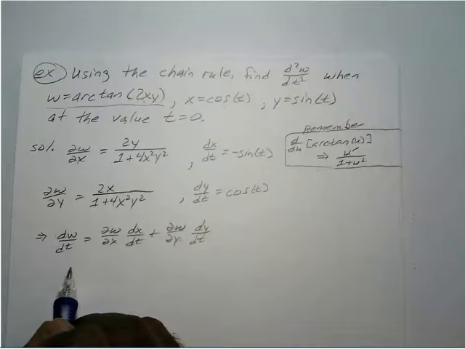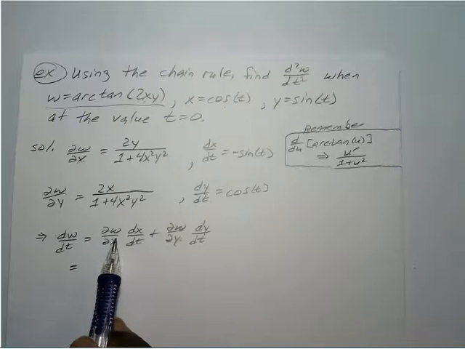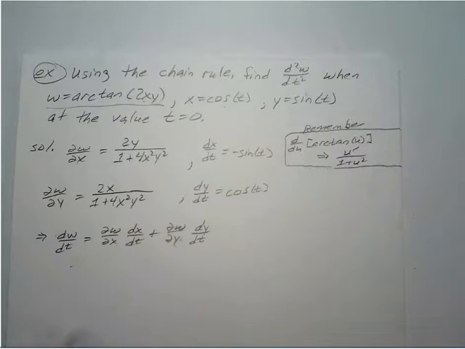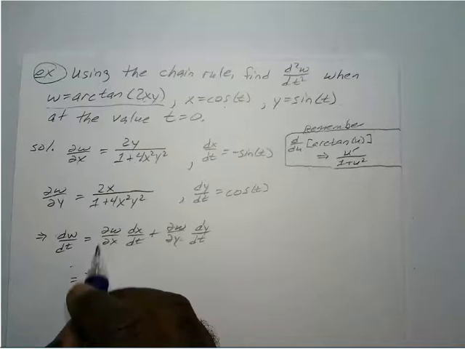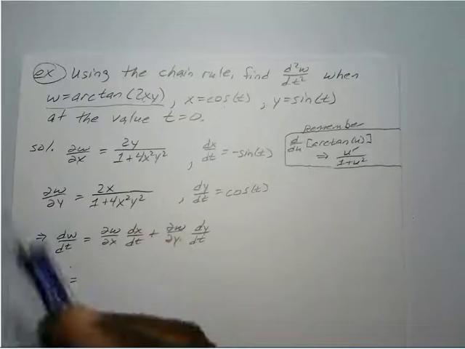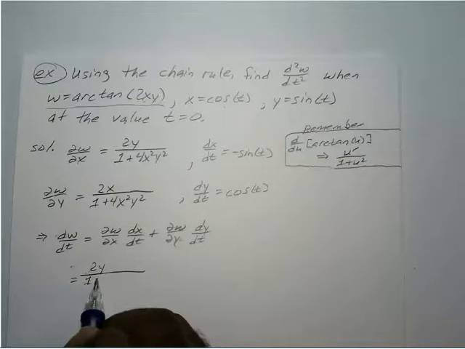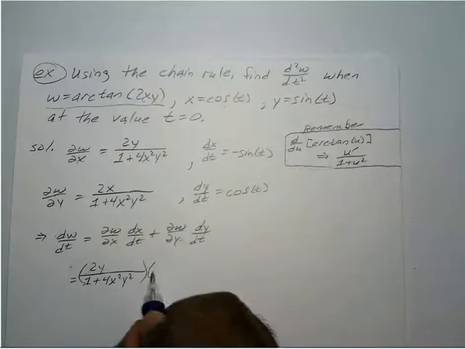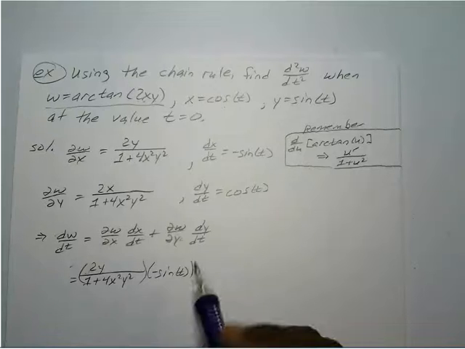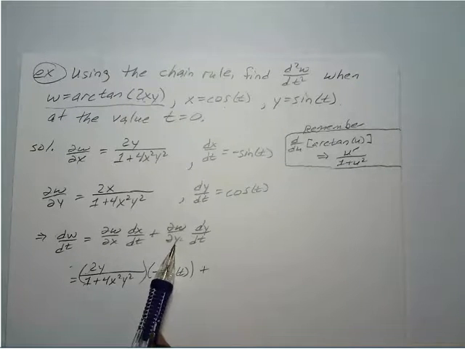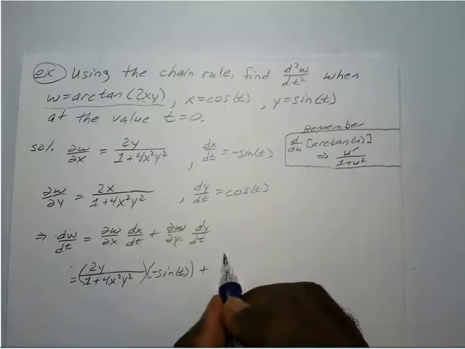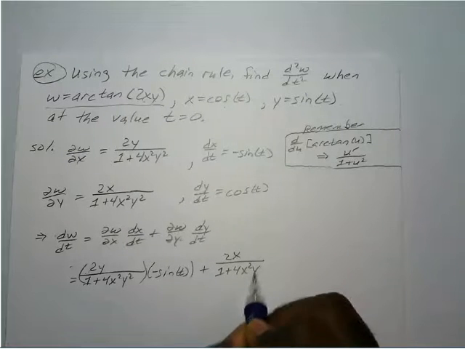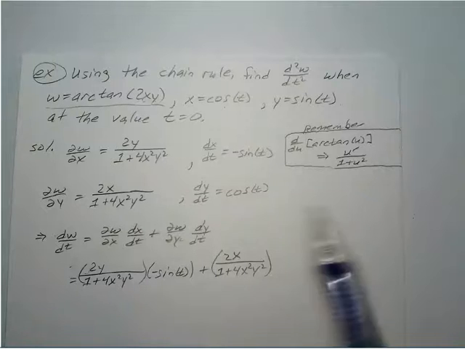All right, so we know that's going to equal the partial of w with respect to x, 2y over 1 plus 4x squared y squared, times dx/dt, which is negative sine of t, plus the partial of w with respect to y, 2x over 1 plus 4x squared y squared, and dy/dt, which is cosine of t.